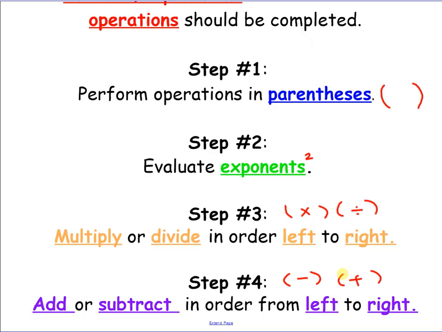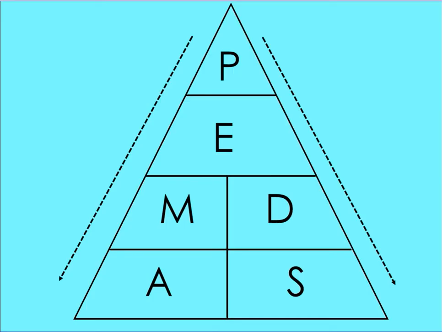We're going to go ahead and look at a little graphic that can sometimes help us remember. So this is a cool tool that you can draw on the top of your paper to remember the order. We call it PEMDAS. There's also a lot of different acronyms or little riddles that you can come up with to remember. I like to draw little symbols, so the parentheses around the P, a little exponent on top of the E, a multiplication sign, a division sign, an addition sign, and a subtraction sign.